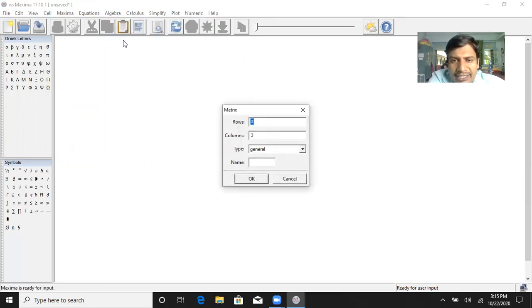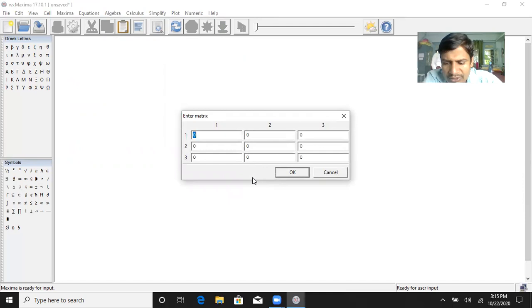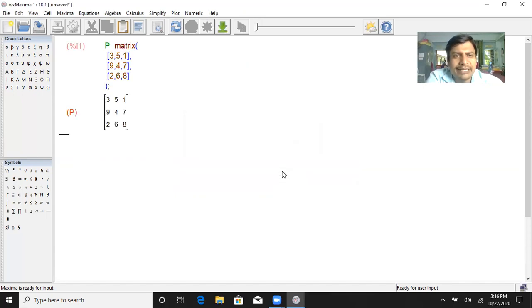You take 3 rows and 3 columns, and I name it P. P is one matrix that contains 3 rows and 3 columns. I enter 3, tab, 5, tab, 1, tab, 9, then 4, 7, 2, 6, 8. So P is the matrix 3 5 1 9 4 7 2 6 8.